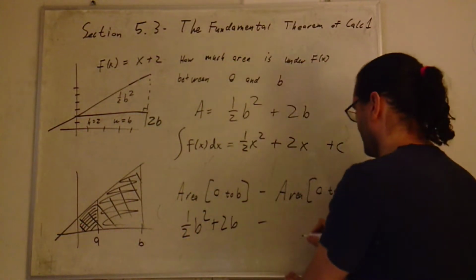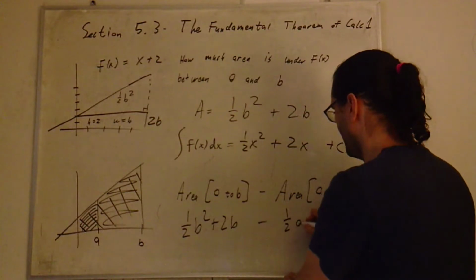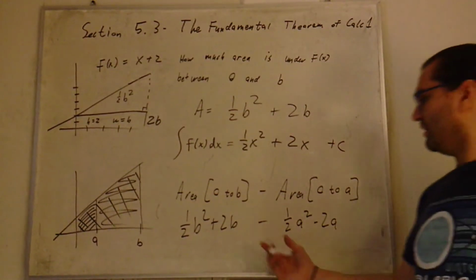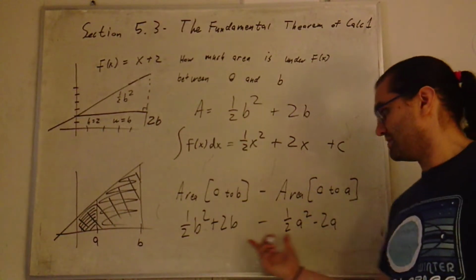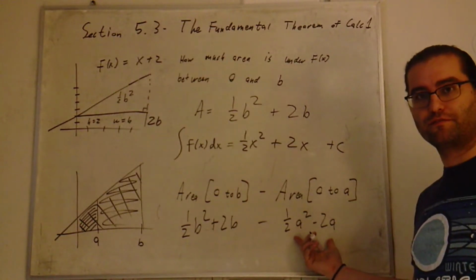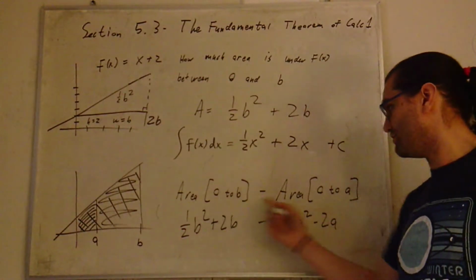And we know the area from 0 to A is 1/2 A squared plus 2A. Both of these things are the antiderivative evaluated at these two bounds.